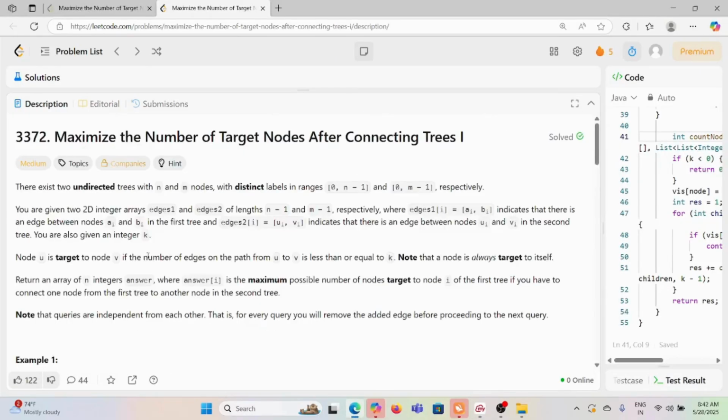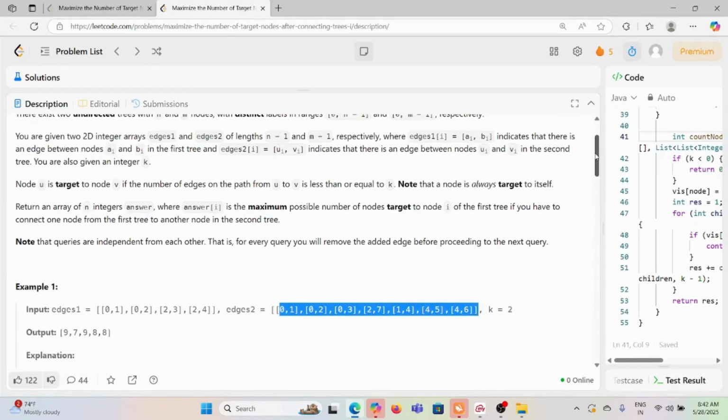So now let's read the complete question. Now what we have to do here is, node U is a target to V if the number of edges on the path from U to V is less than or equal to K. So basically one number K is given to us. So at distance up to K, or lesser, however many nodes there are, that is called the target.